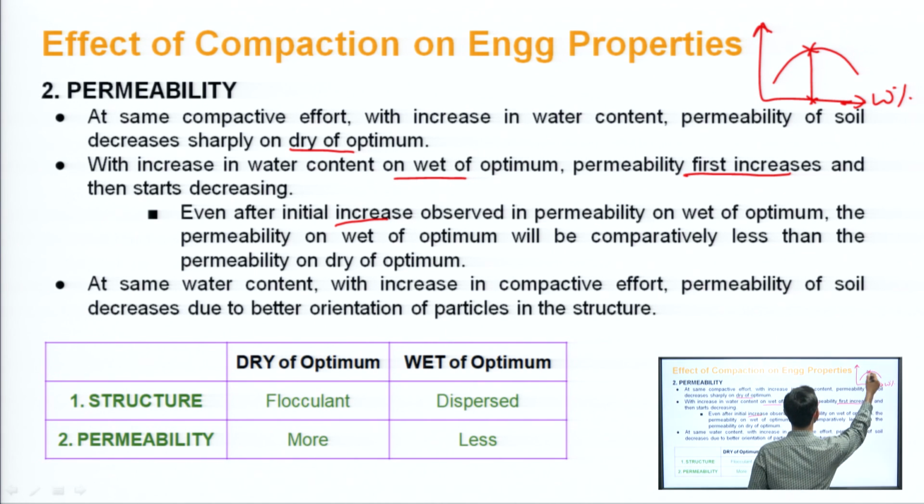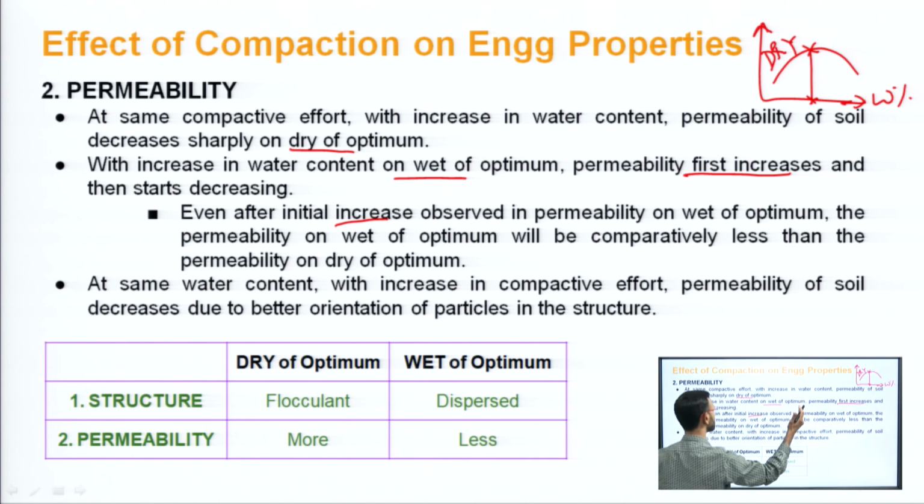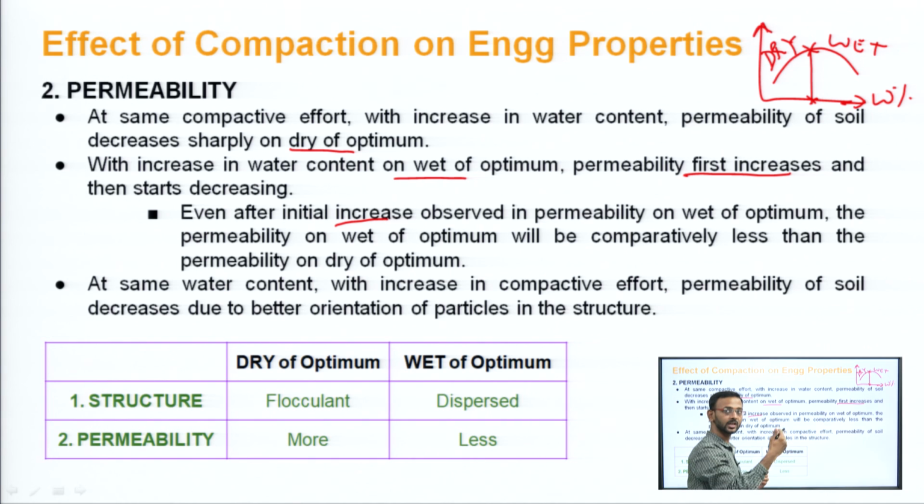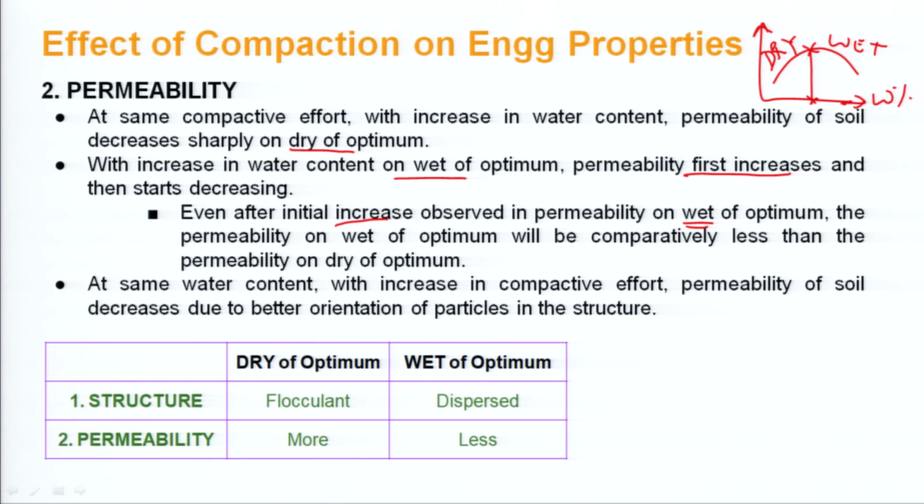On the dry side, the permeability decreases sharply, but when you move to the wet side, the permeability will first increase, but then it will be decreasing. Even after the initial increase observed on the wet side, the permeability will be comparatively less than the permeability on dry of optimum.